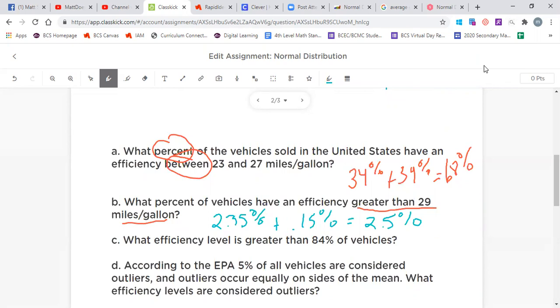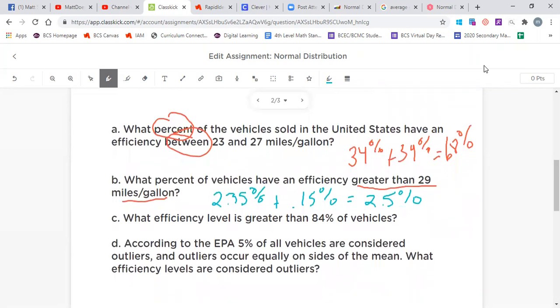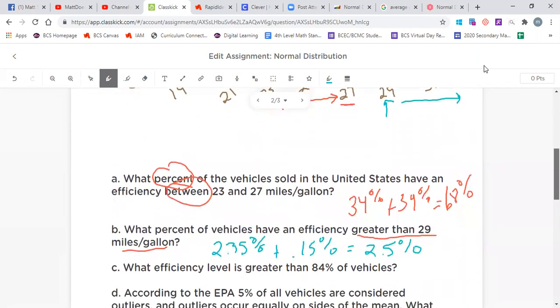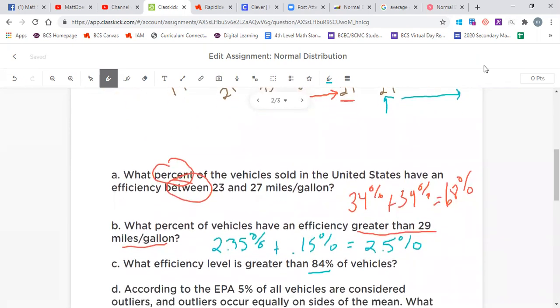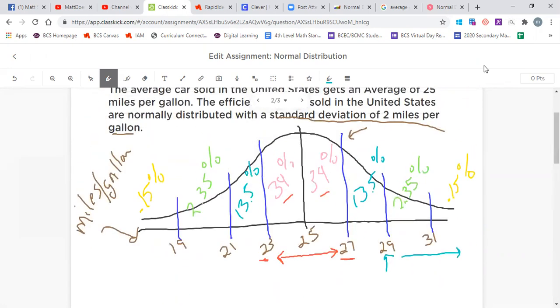So we can state that 2.5% of the vehicles sold in the United States have an efficiency of at least 29 miles per gallon. What efficiency level is greater than 84% of the vehicles? So now we're looking at the percentages. If we look down here, we're going to start working our way from the bottom up.